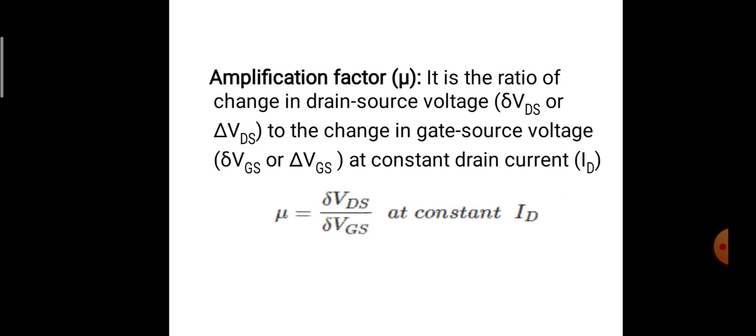Amplification factor mu. It is the ratio of change in drain source voltage to the change in gate source voltage at constant drain current. The mathematical form of amplification factor mu equals delta VDS divided by delta VGS at constant ID.